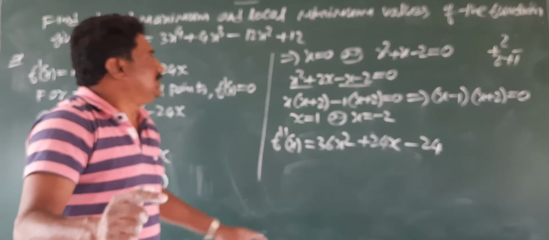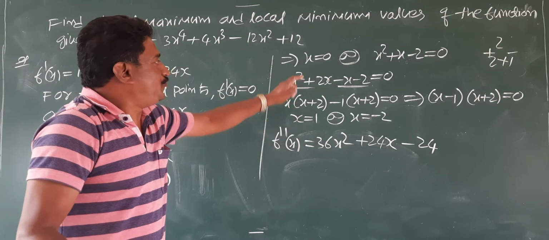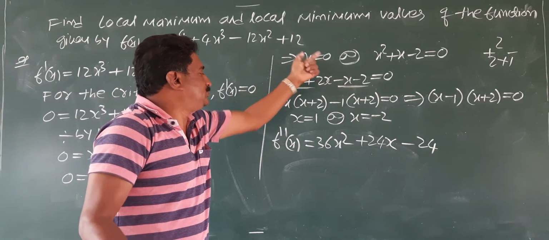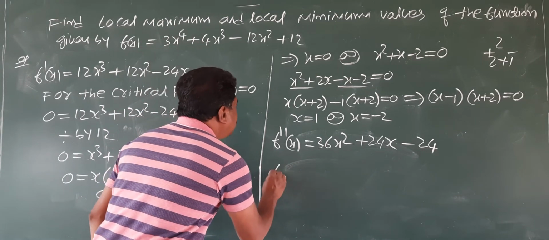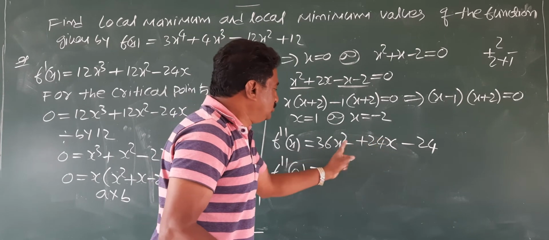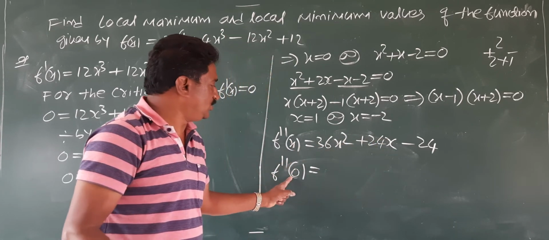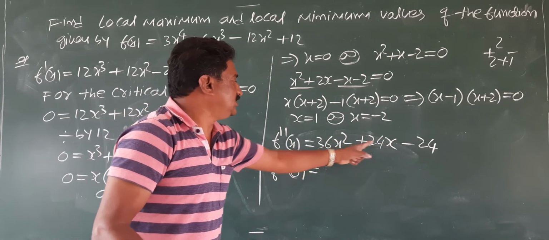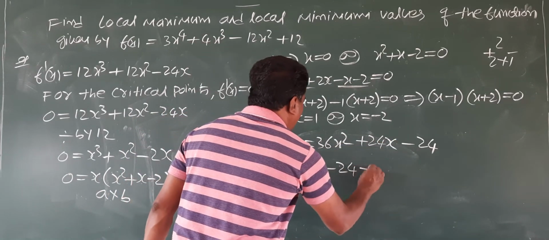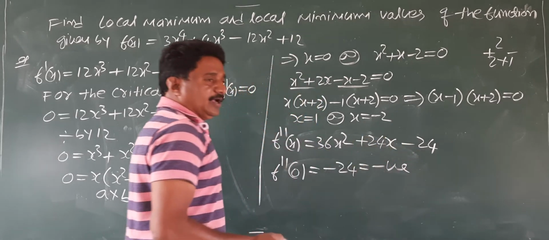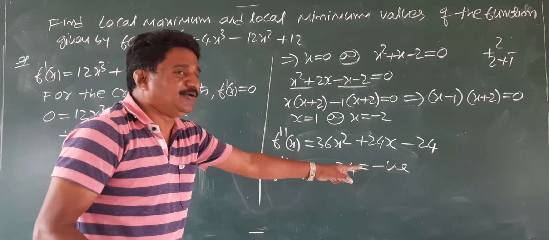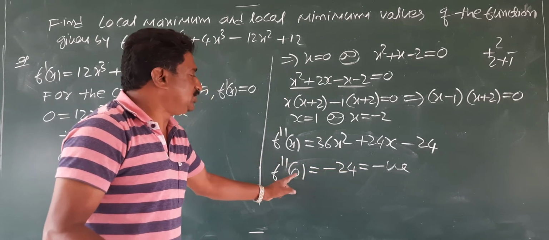Let us check the points one by one. First I use x is equal to 0. f double dash 0. Put x is equal to 0. 0 into anything is 0, minus 24. So minus 24, negative. I am getting f double dash x as negative for the point x is equal to 0.